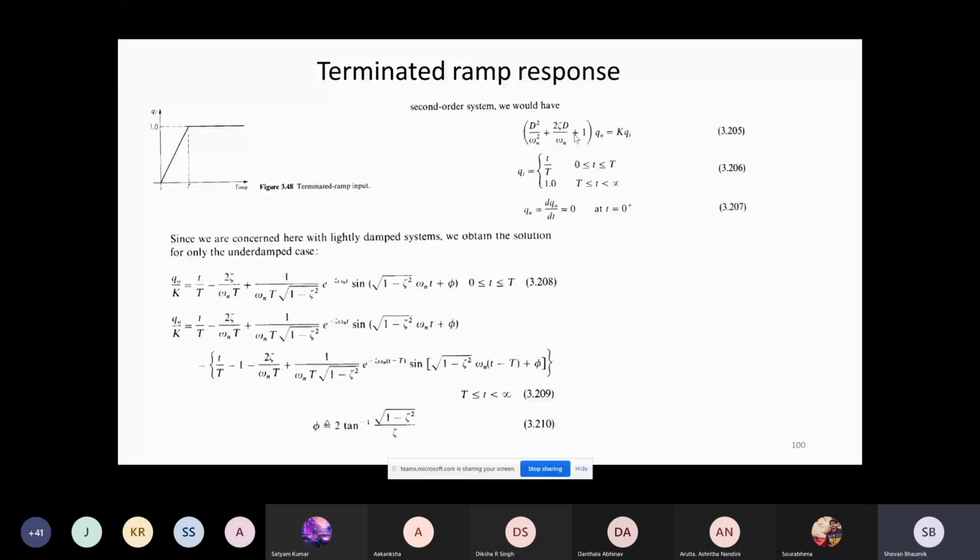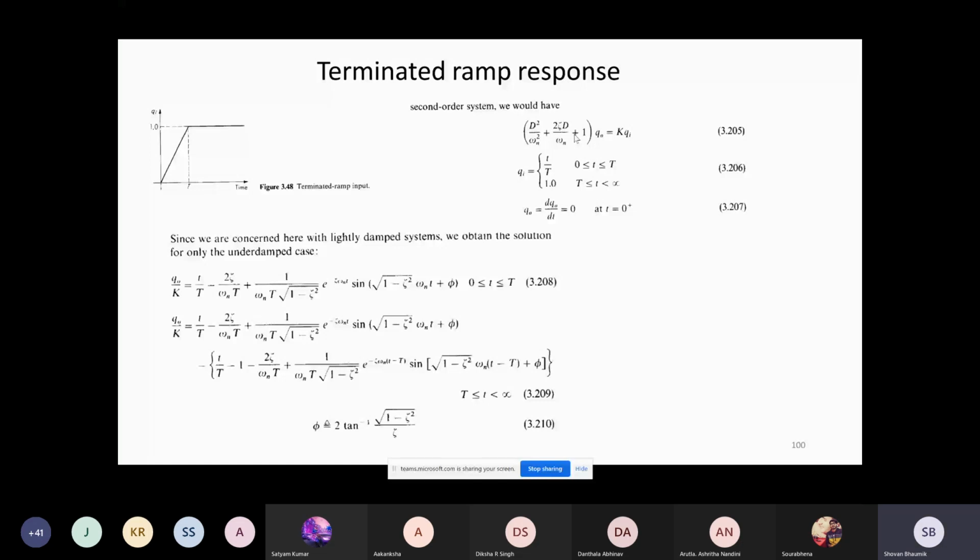The first part of the solution is for time in between 0 to capital T. So q0 by k will be equal to small t by capital T minus 2 zeta by omega n T plus 1 by omega n T square root of 1 minus zeta square, e to the power minus zeta omega n t, sine of the square root term plus phi, where phi is equal to 2 tan inverse root over 1 minus zeta square by zeta. So that is the phi.